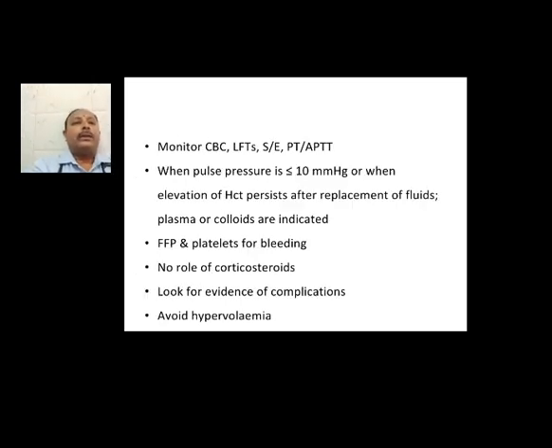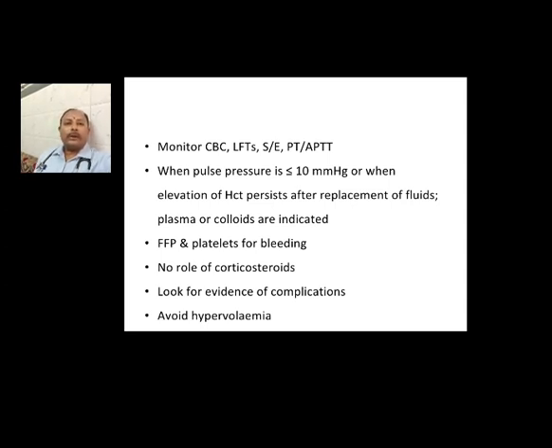Monitor for complete blood count, LFTs, that is liver function test, and coagulation factors, PT, APTT. When pulse pressure is equal to or less than 10 mm of Hg, or when elevation of HCT persists after replacement of fluids, plasma or colloid are indicated.